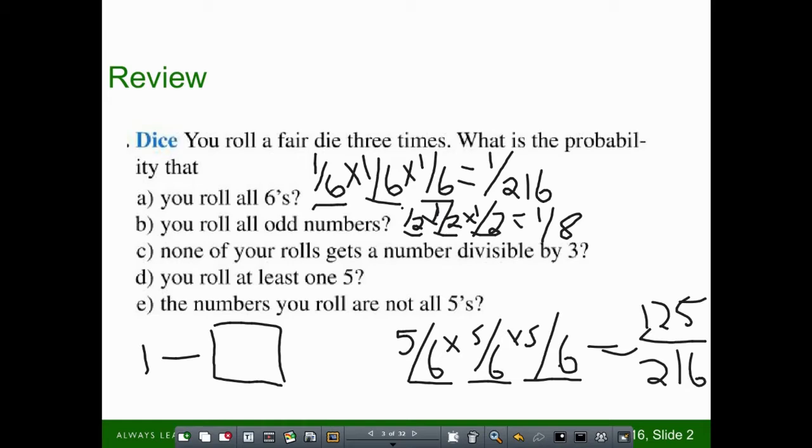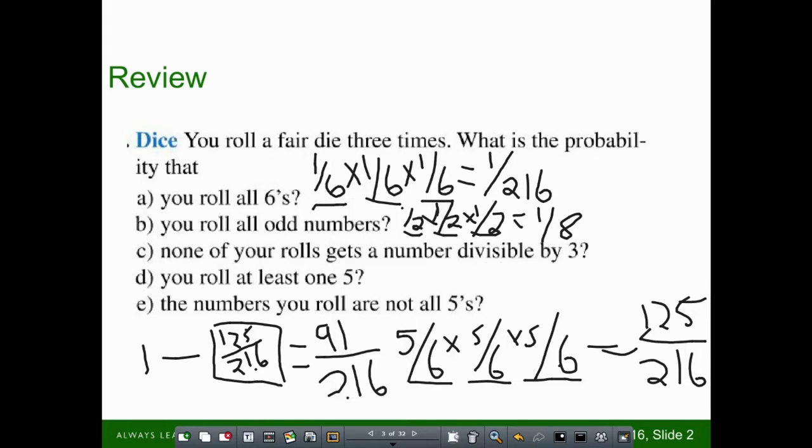That is the probability of getting all not 5s. So we need to find the opposite of that. So we would do 1 minus that answer. This is where we plug in that 125. And 1 minus that gives us a final answer of 91 over 216.